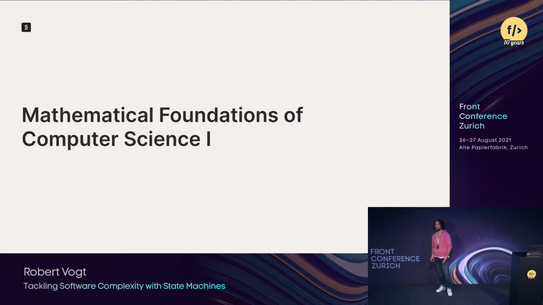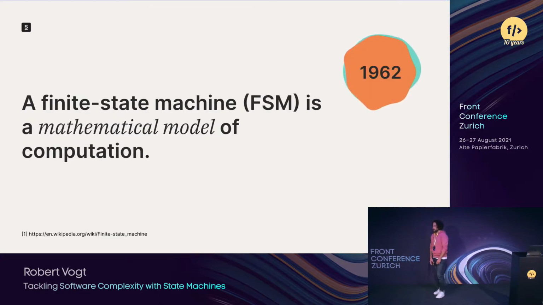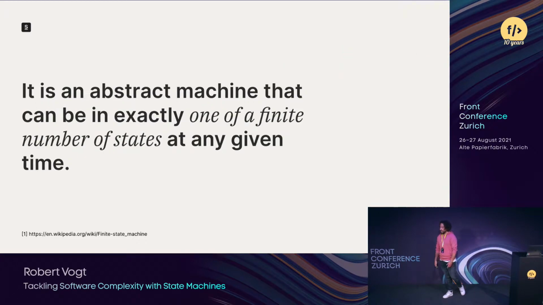So I'm going to give you a brief mathematical definition of what they are. A finite state machine is a mathematical model of computation. And as you can see in the top right corner, it's not something new, it's not something modern. It's been around for more than 60 years. And it is an abstract machine that can be in exactly one of a finite number of states at any given time.